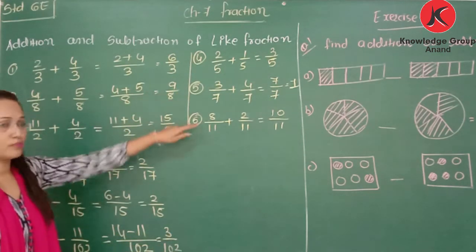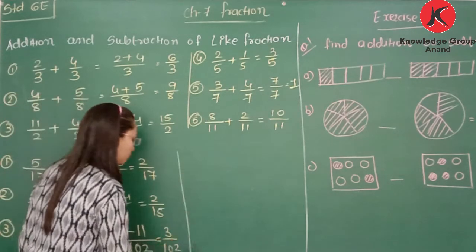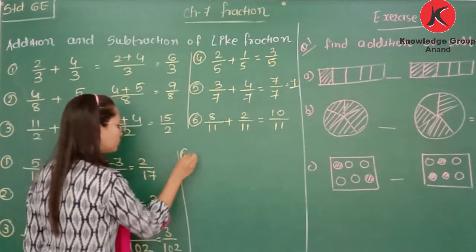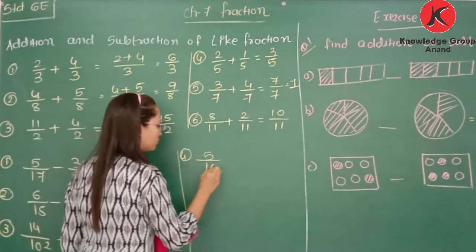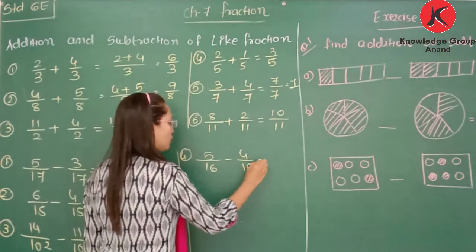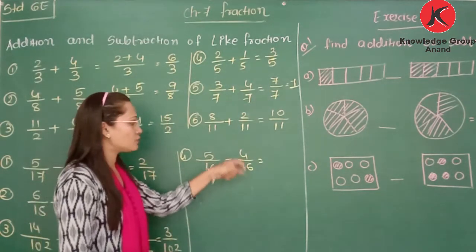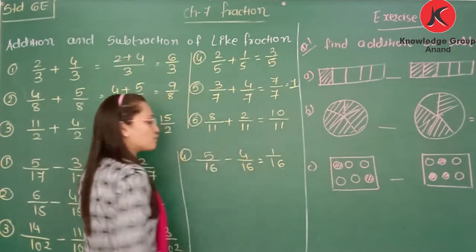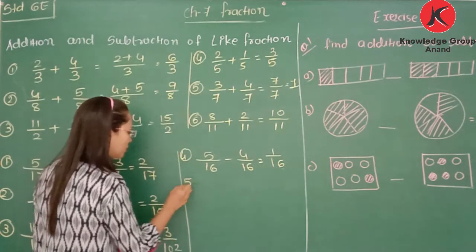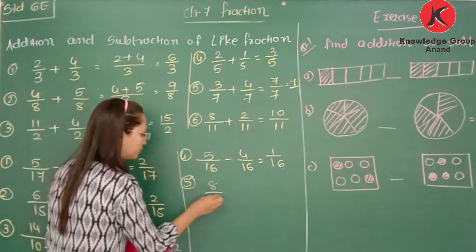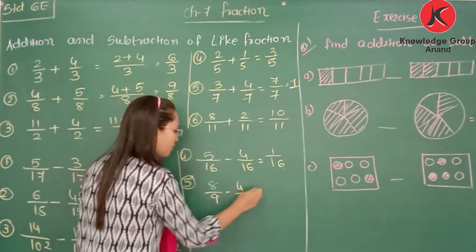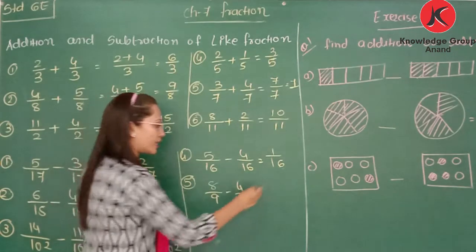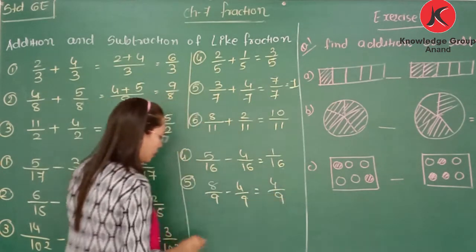Or you can perform the direct subtraction. Let's take an example. 5 by 16 minus 4 by 16, then you can write 1 by 16. 5 minus 4 is 1. Now here 8 minus 4 that is 4 by 9.